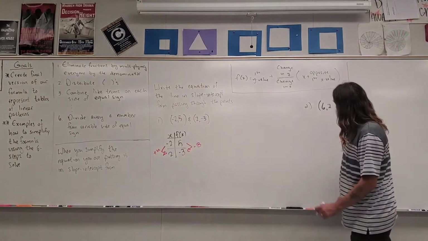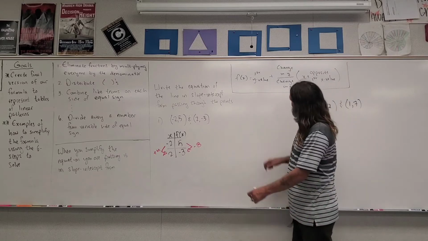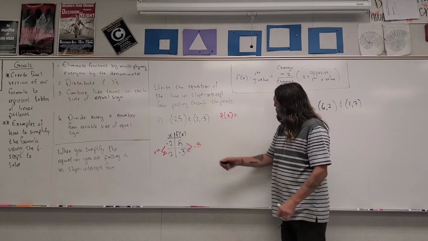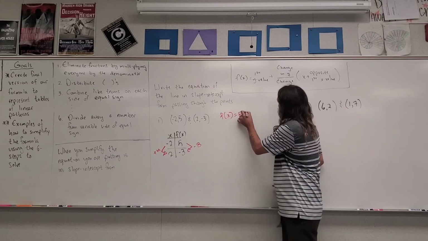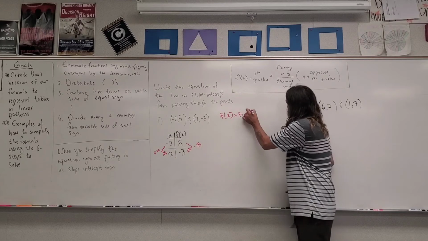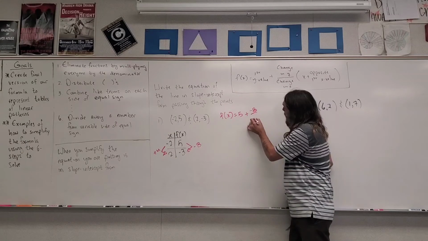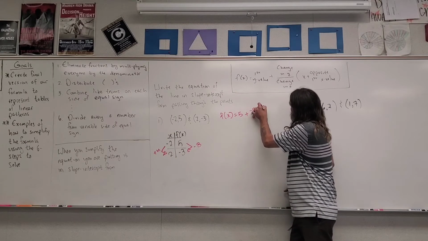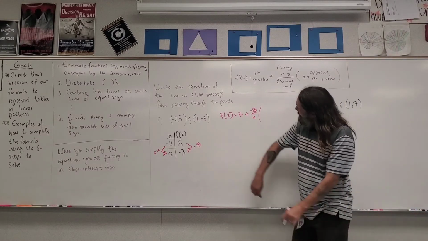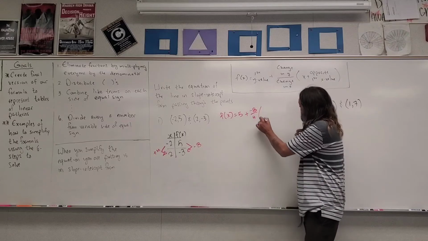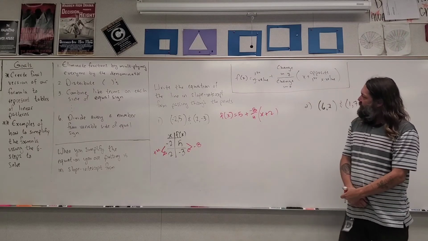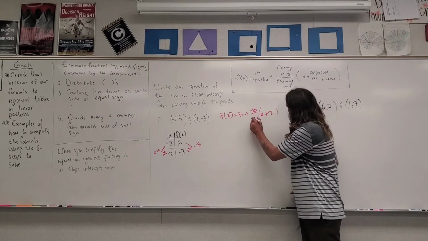So now I can use my formula, which is f of x equals the first y value, which is 5, plus my change in y divided by my change in x, so it's -8 over 4, parentheses, x plus the opposite of the first x value. My first x value is -2, so the opposite of that is +2. Alright, so now this is us using our new modified formula.